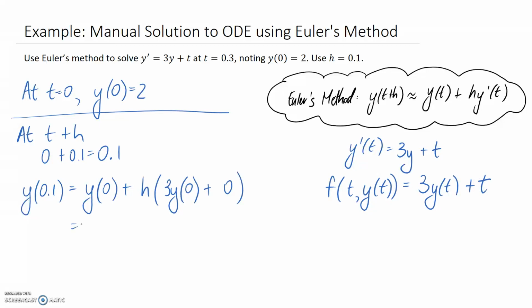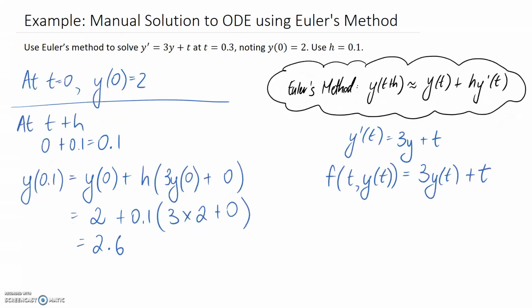So let's substitute some numbers in here. y of 0, that's at the previous time point, which is 2. h is 0.1. y of 0 is again the 2. And we already said t was equal to 0. If you substitute all of this into a calculator, you end up getting 2.6.